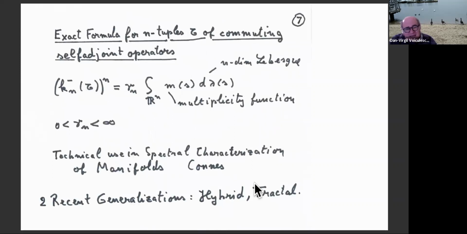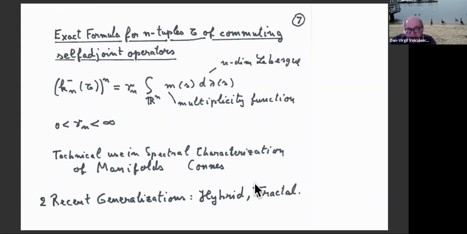And now there is a nice formula in the case of N-tuples of commuting self-adjoint operators. It is this: that this number K minus N of tau, if I raise it to the nth power, is equal to a universal constant gamma n, which is finite and strictly positive, times the integral with respect to Lebesgue measure of the multiplicity function of the n-tuple tau.